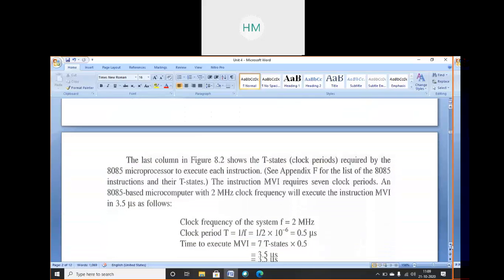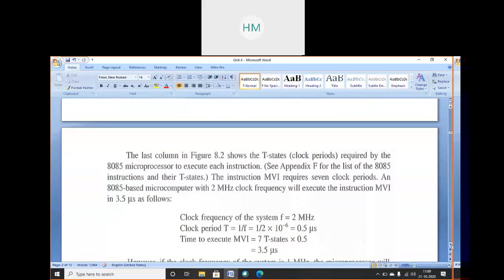So here I am taking that the T state required depends on the clock period. Suppose the 8085 based computer system requires a 2 megahertz clock frequency to execute the instruction MVI in 3.5 microseconds. Write down the steps: clock frequency, clock period T, and time to execute the MVI instruction.